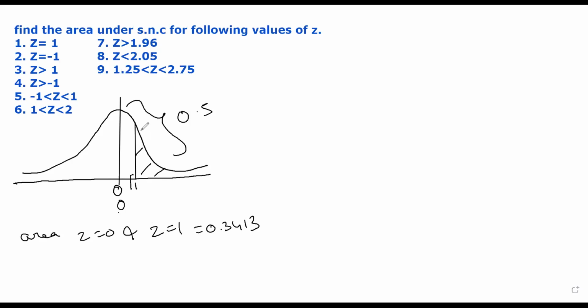But we don't want that. We want this shaded region. We can find out this shaded region by 0.5 minus 0.3413. So it is 0.1587.